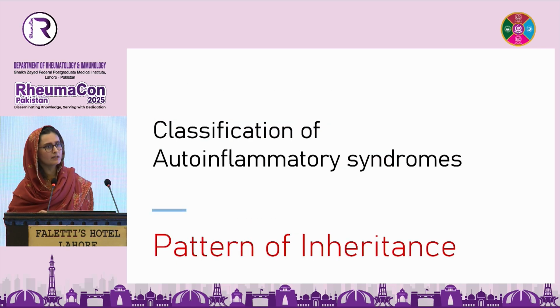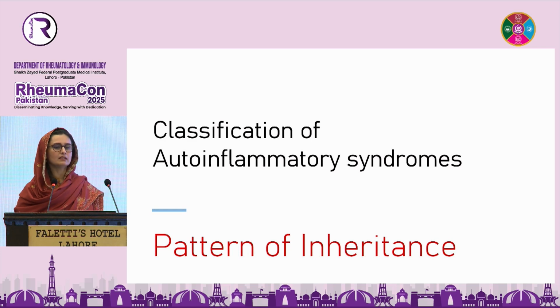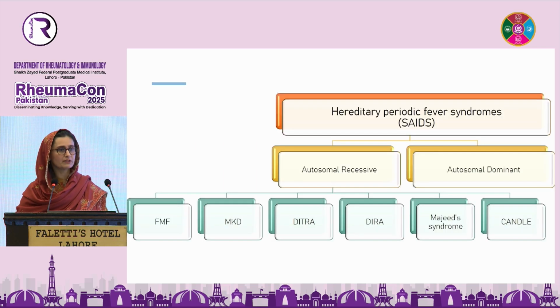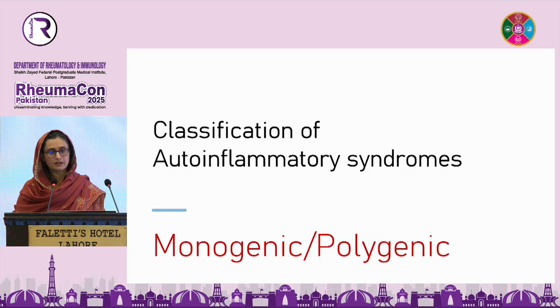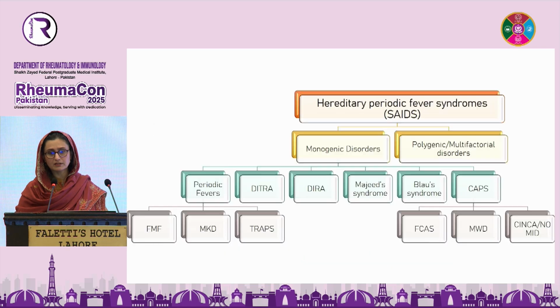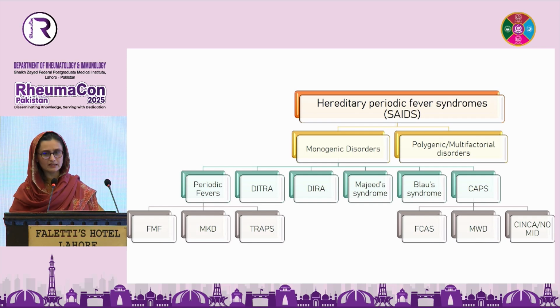So like I said, there are many ways of classifying these autoinflammatory syndromes. We can divide them into autosomal dominant and autosomal recessive categories. Then we can also divide them into monogenic and polygenic groups depending on the number of genes involved. If we talk about monogenic disorders, we have a couple of famous diseases here.